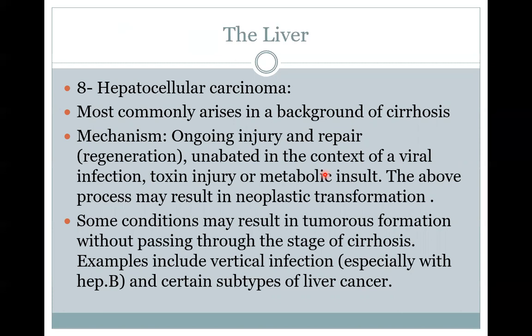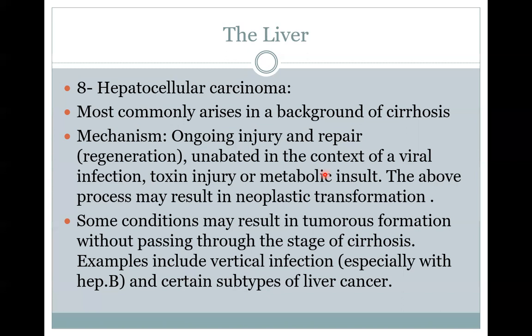Why? Because of the obesity rates in the US. Fatty liver, which was thought to be a benign condition, is now known to be the harbinger of hepatocellular carcinoma after it turns into non-alcoholic steatohepatitis, the NASH, and that eventually is going to result in chronic inflammation, fibrosis, cirrhosis, and finally hepatocellular carcinoma.